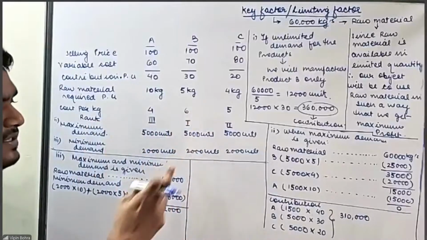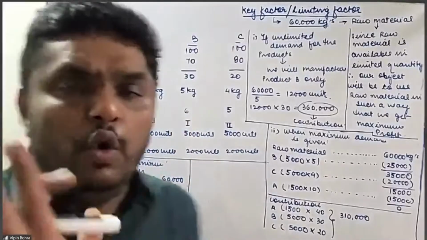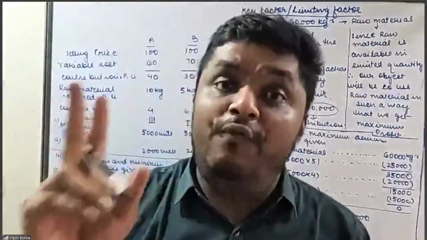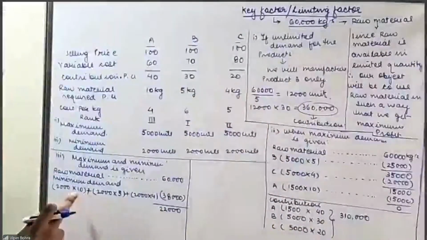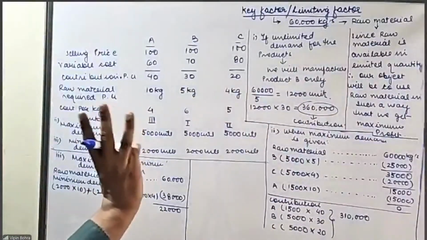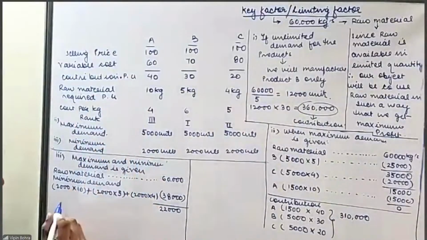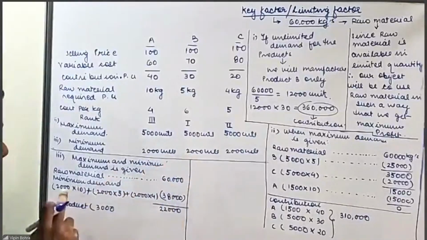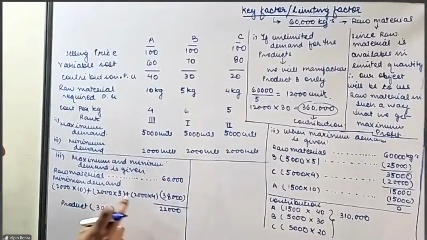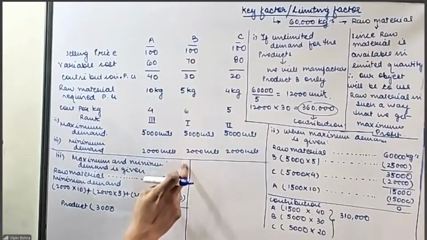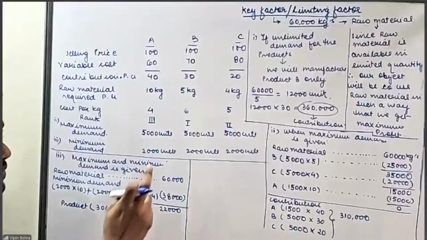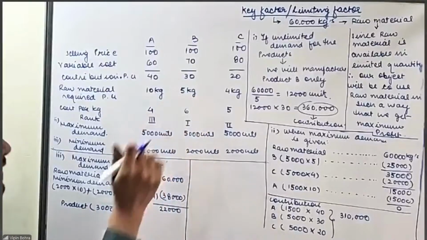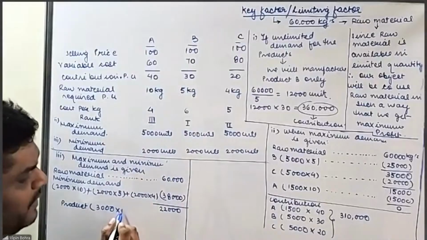The total demand is 5,000, of which 2,000 units are already manufactured of A, B, and C. So the balance demand we will fulfill is 3,000 units of product B, 3,000 units into 5 kgs per unit.